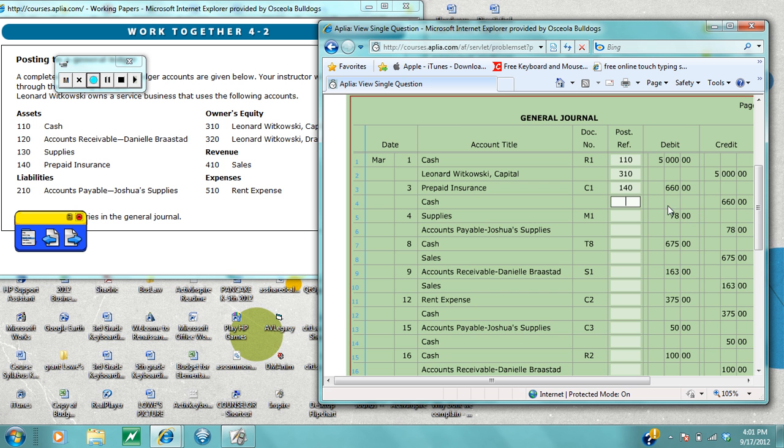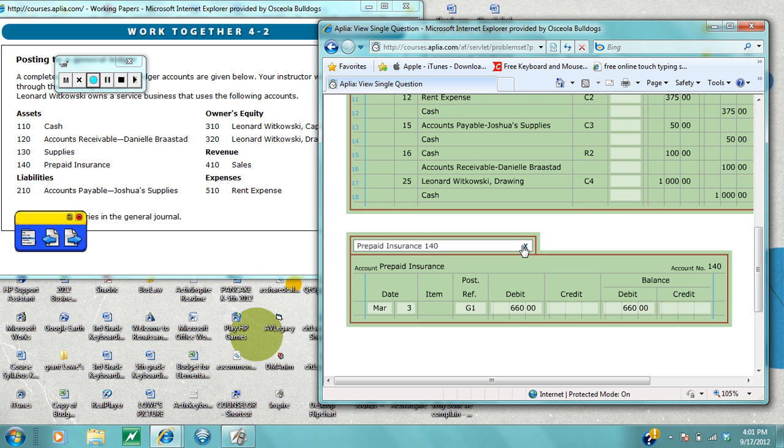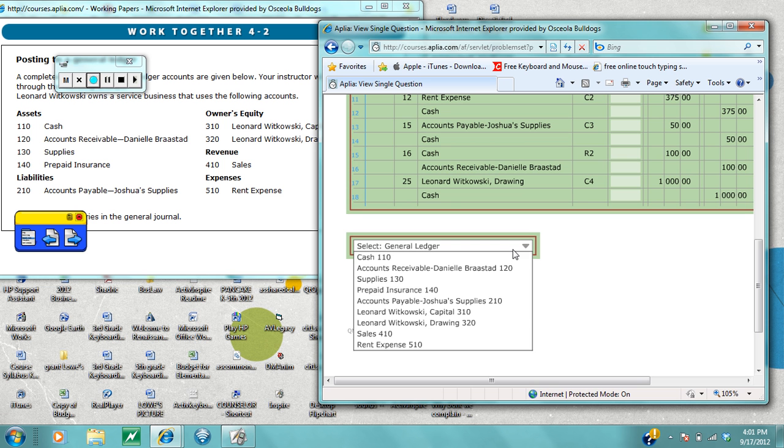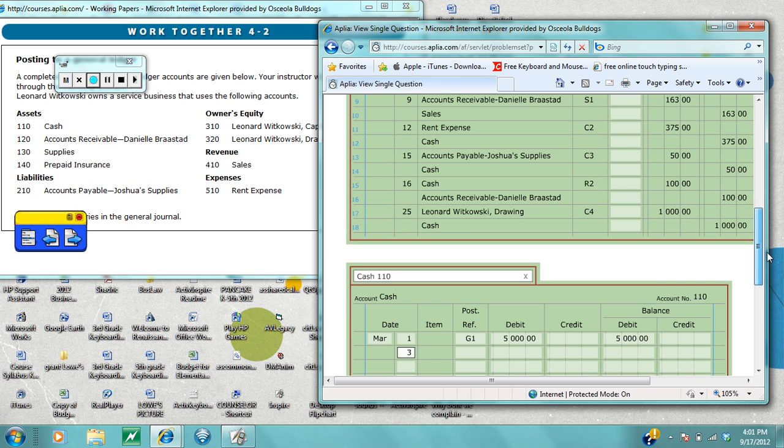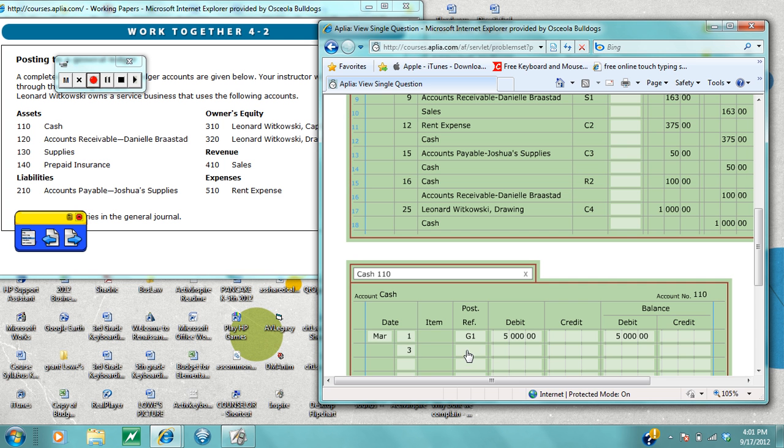Now cash, 660. Go down, go to cash. Or was it the 3rd, I think? Better double check. 3rd. Comes from G1. And it's being credited for 660. Well, 5,000 minus 660.